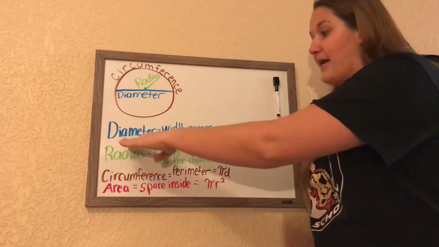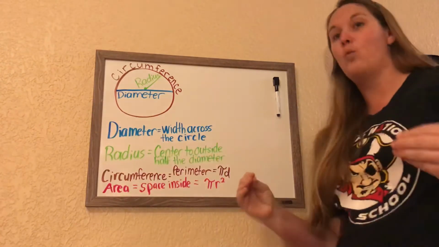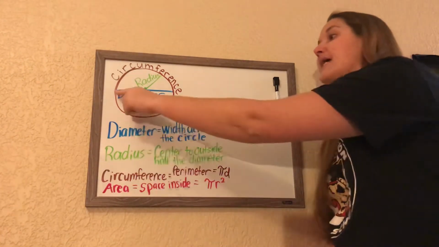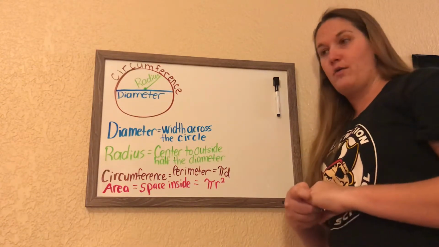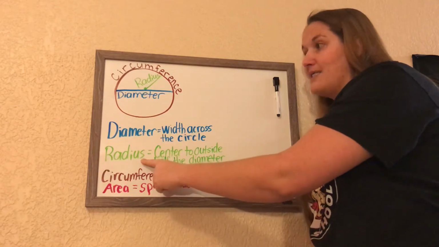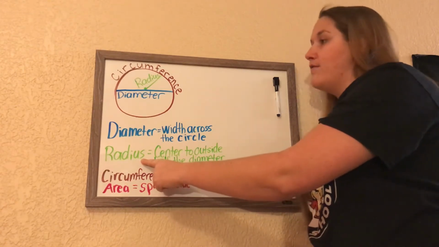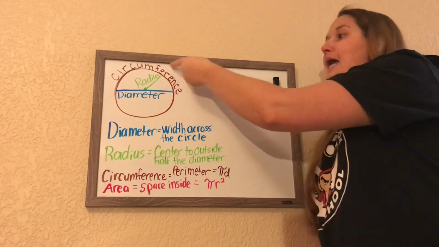First of all, I have diameter. Diameter is the width across the entire circle at the widest point, okay? The diameter will always cross through the center of the circle, okay? The radius is half the width of the circle, okay? It goes from the center, the middle point, to the outer edge, okay?